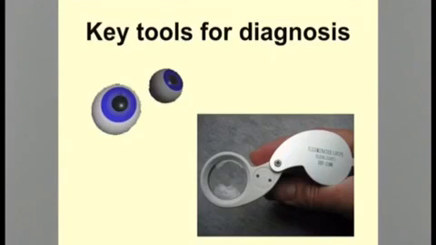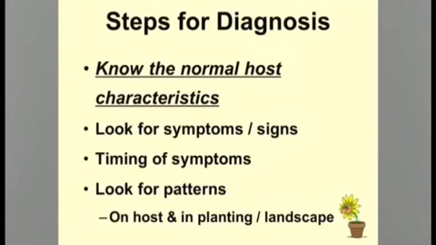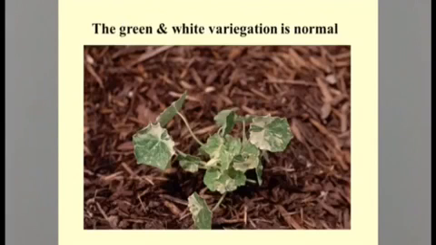These are the key tools for diagnosis. They also include pencils, markers, plastic bags, envelopes, ice box, etc. So the steps for diagnosis comprise: know the normal host characteristics, look for symptoms and signs, and timing of symptoms in relation to environment, and obviously the host.